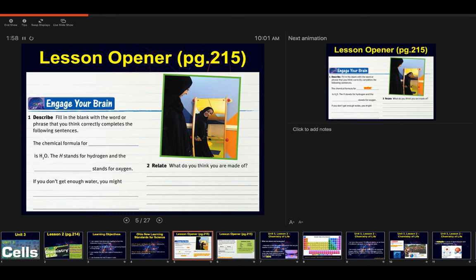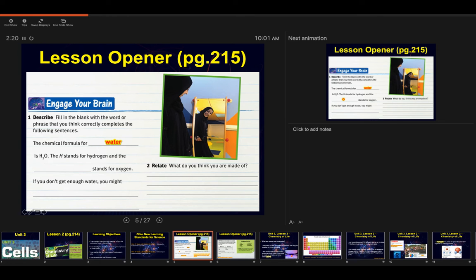We're going to look at this little prediction page. Fill in the blank or phrase that you think correctly completes the following sentences. The chemical formula for what is H2O? Well, we talked a lot about that in the fall. That is water. The H stands for hydrogen.